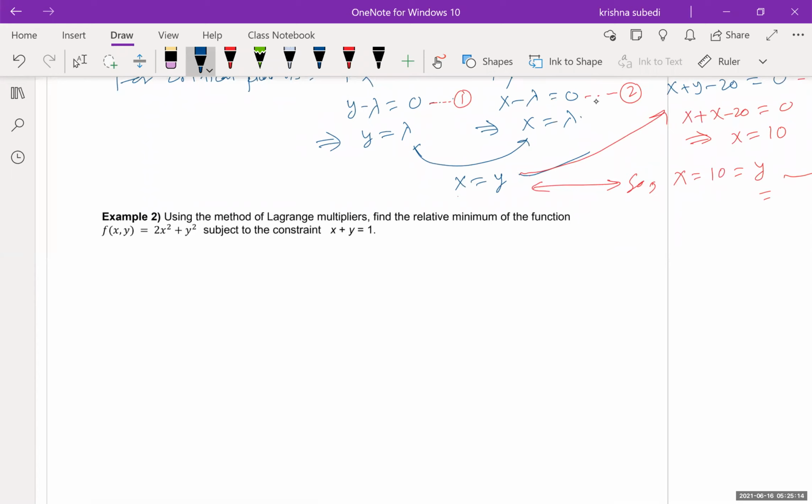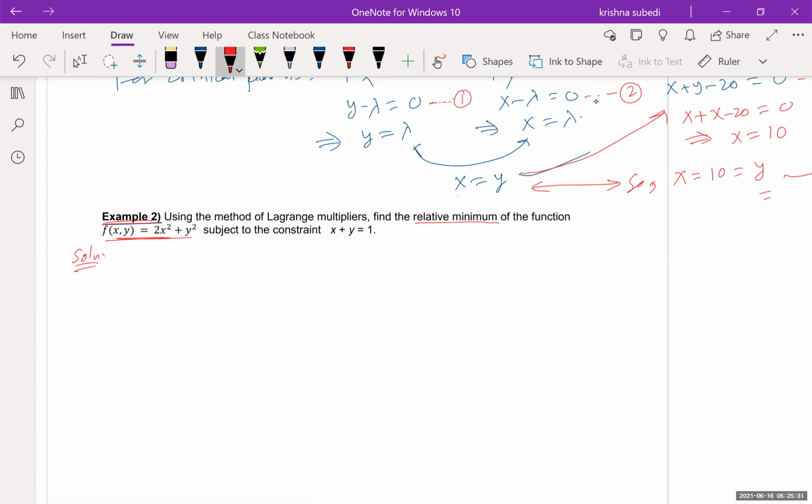Okay, so now let us work with example 2 just for fun. It's the same process. In this case, using the method of Lagrange multiplier, find the relative minimum of the function. Okay, we want to minimize this function.